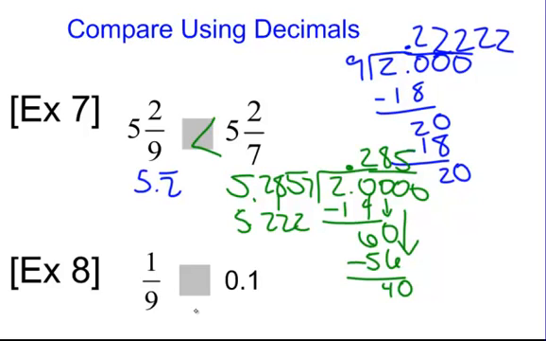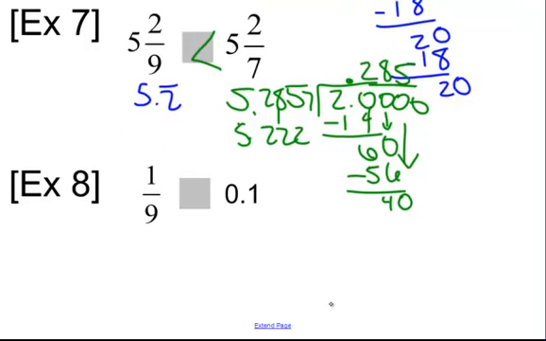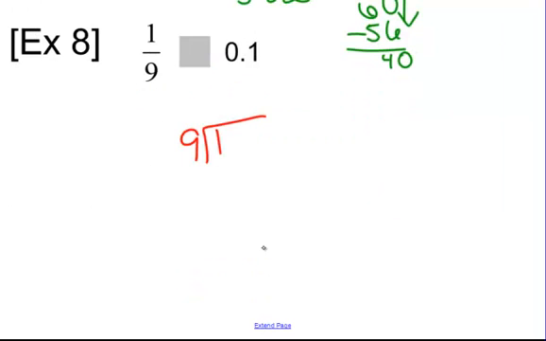For number 8 here, we have to divide 1 divided by 9. So I'm going to do 1.0000 for a while. Put the decimal there. 9 goes into 10 once. 1 times 9 is 9.